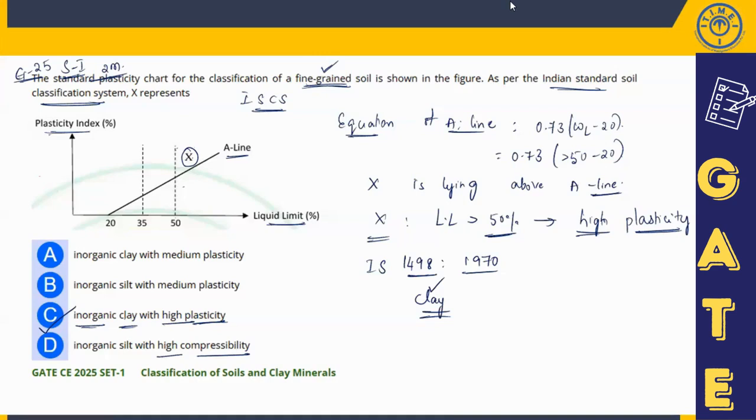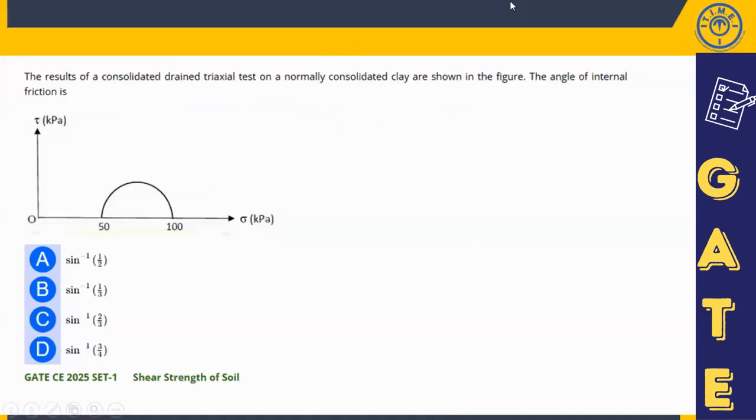Okay, my dear students, moving on to the next question. This is also a question from GATE 2025, set 1. It is from shear strength, because the x-axis is showing sigma stress and shear stress is on the y-axis.